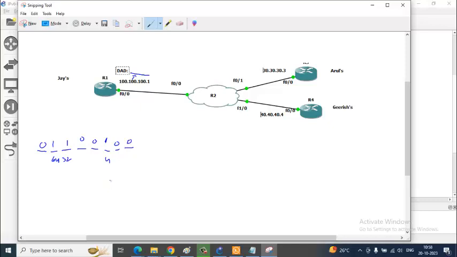Yes, sir. Yes, 100. Now, in hexadecimal, 4 binary bits is 1 hexa digit. 15 is the biggest number, no? So to write 15, you need 4 bits. That's why 4 binary bits is 1 hexa digit. So this 100 is this. How do you write this one? Now it is no more 64 and 32.